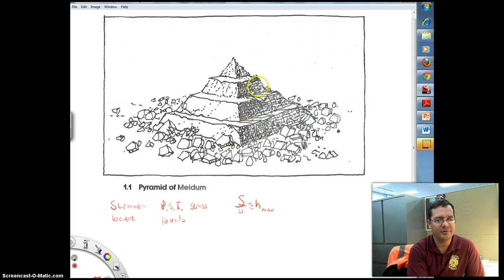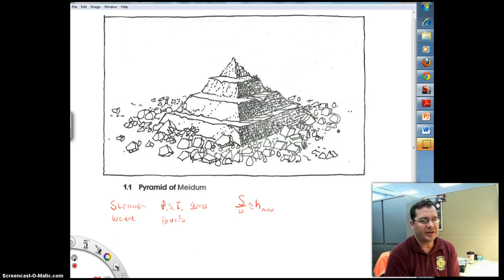What that meant was that when the only available building material was quarried limestone, a relatively heavy, relatively weak material, you had to build very conservative structures like this pyramid. It really wasn't until lighter weight building materials, namely steel, came along that we were able to build tall buildings.